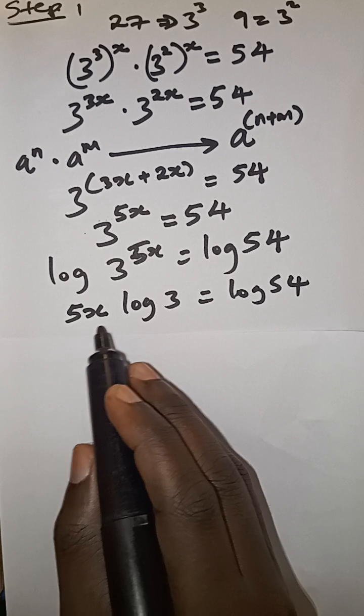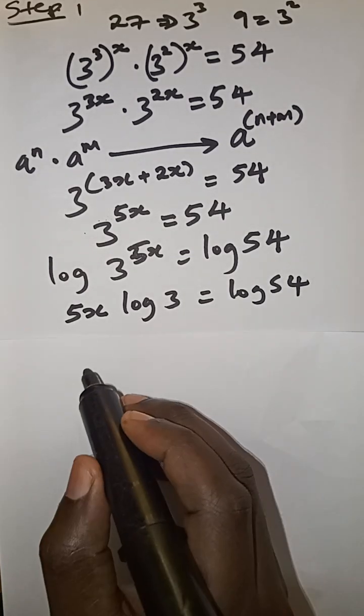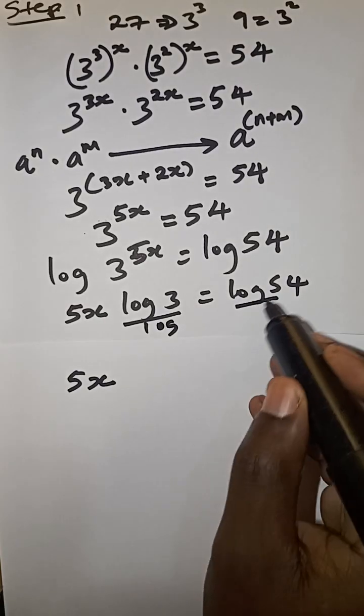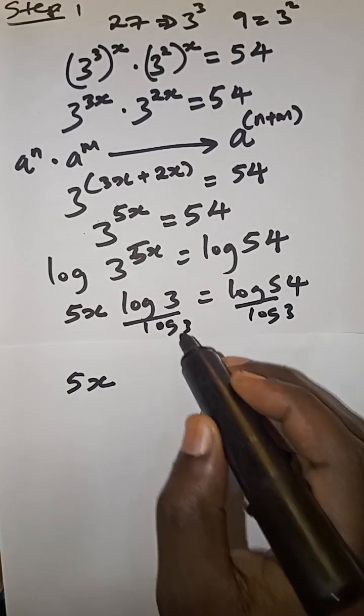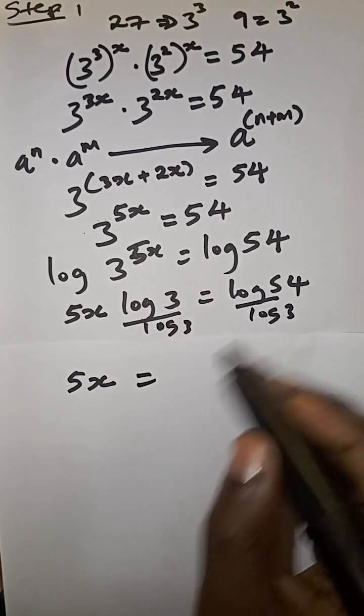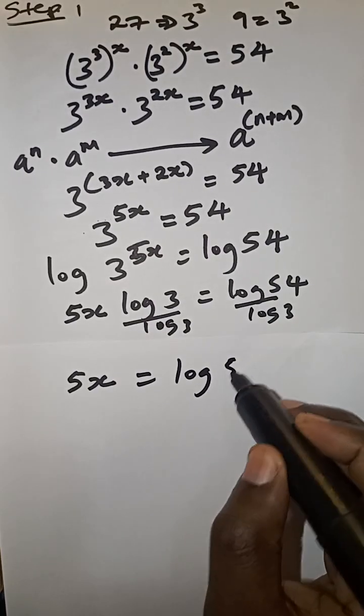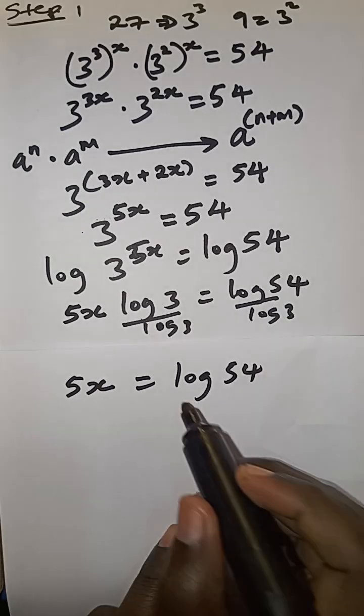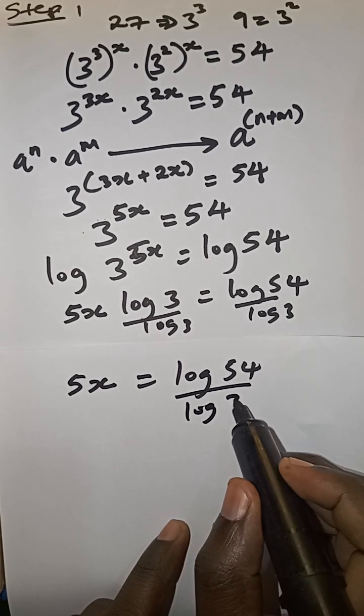So I'm going to divide all through by log 3, so that on this other side I have log 54 divided by log 3.